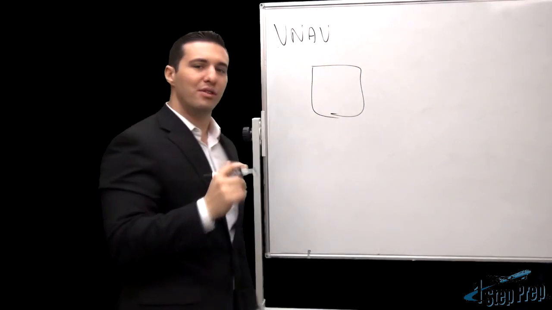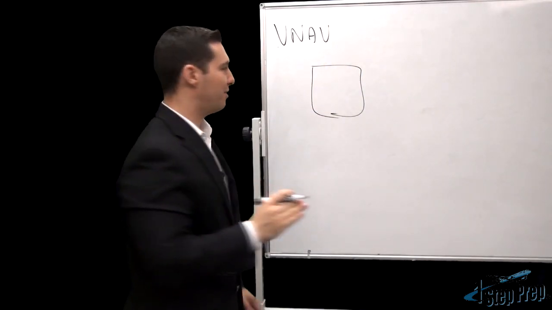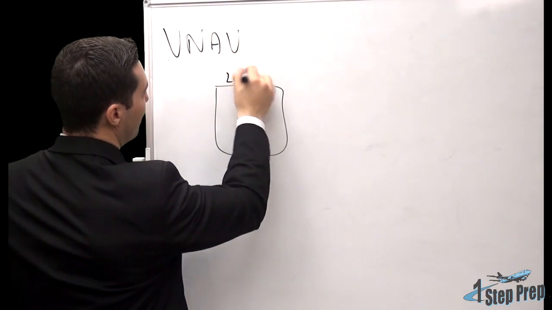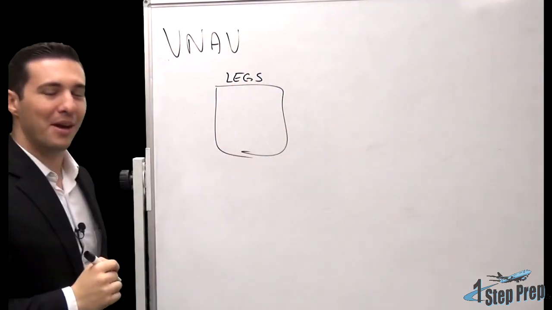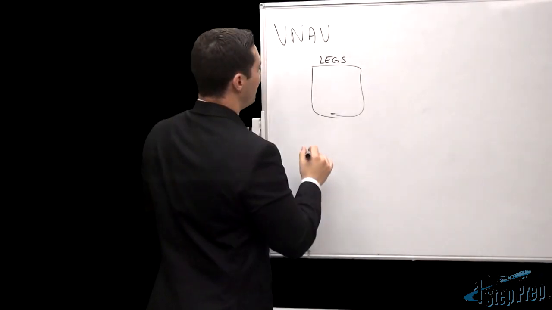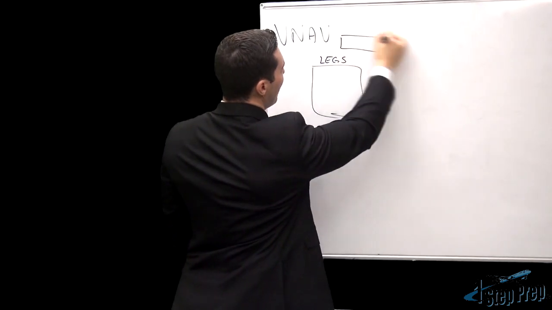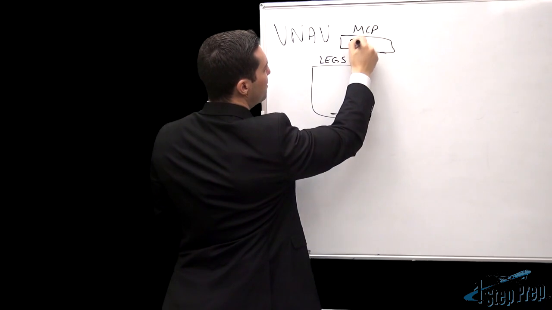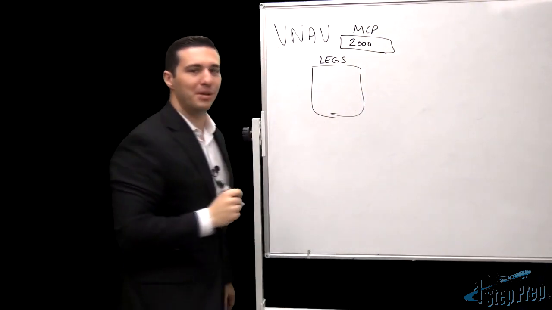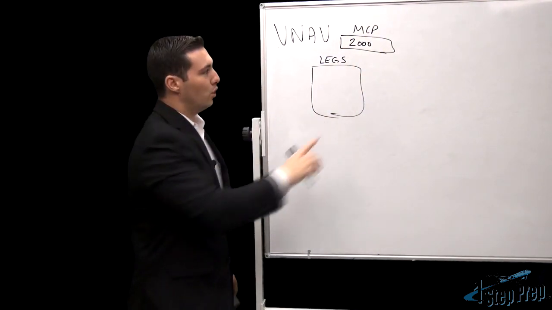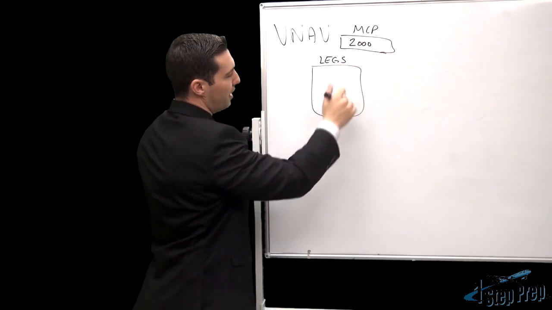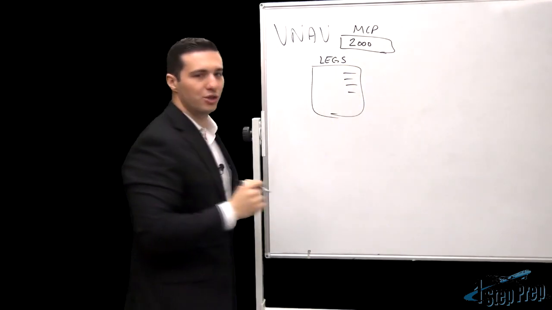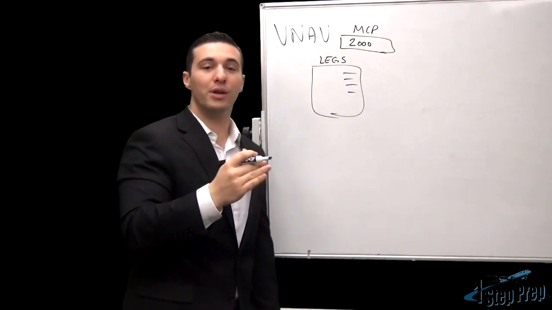Now, VNAV will always look to two places for vertical guidance, one of which is the legs page of your FMS, and the other is your MCP altitude. So if you happen to have your initial approach fix altitude, let's say of 2,000 feet, set in your MCP, VNAV will also look to this altitude along with the vertical planning profile and segments of the legs page to determine whether it's time to go down or not.